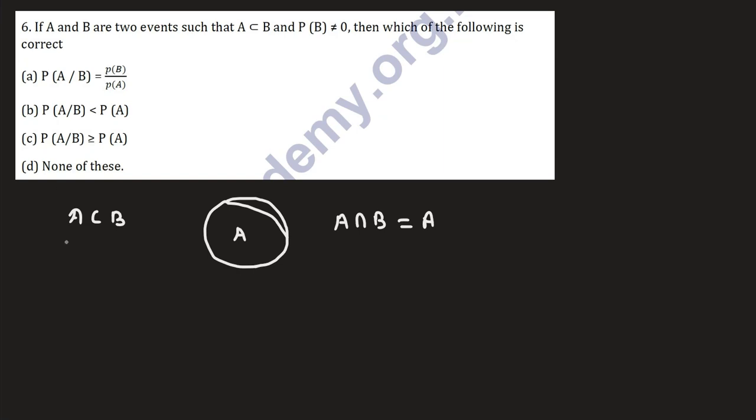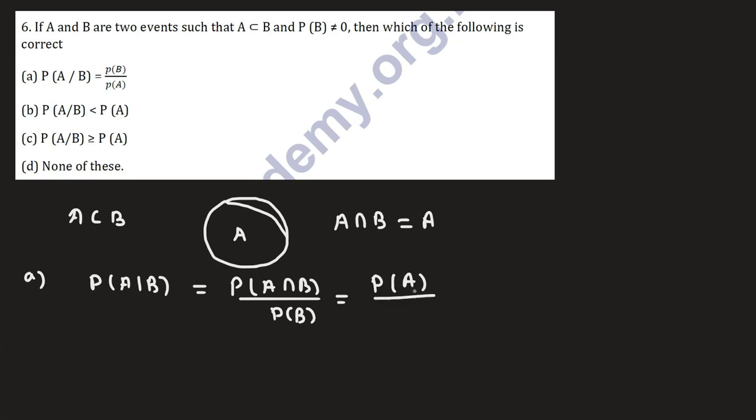So we take them one by one and see what will happen. Probability of A given B we can write as probability of A intersection B over probability of B, and probability of A intersection B is the same as A set. So probability of A by probability of B, but in option A we notice that it is just the opposite, B by A, so this option is incorrect.